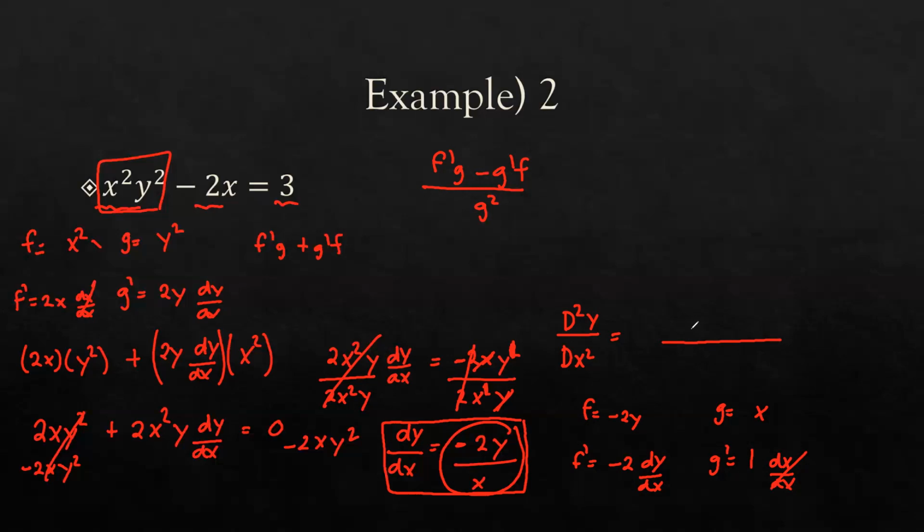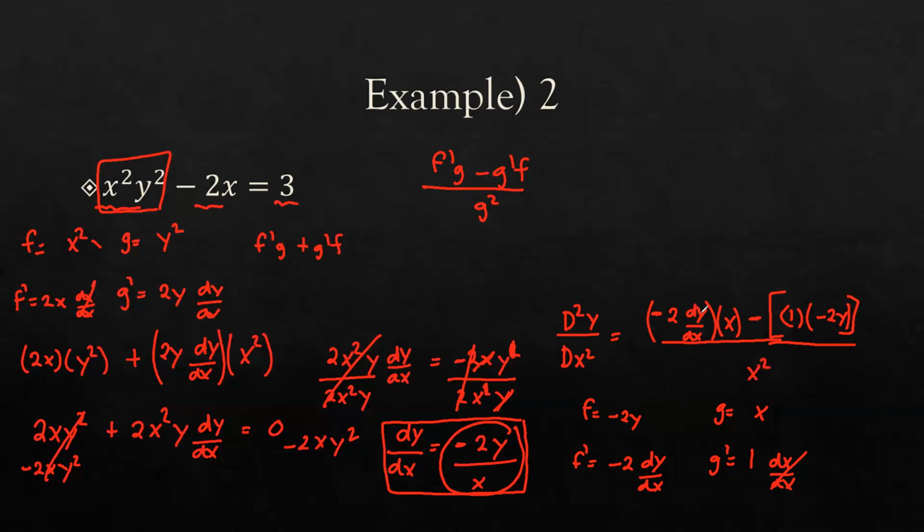So f prime is negative 2 dy/dx, and then g is x, minus g prime, which is 1, and then f is negative 2y, all over g squared, so that's x squared.